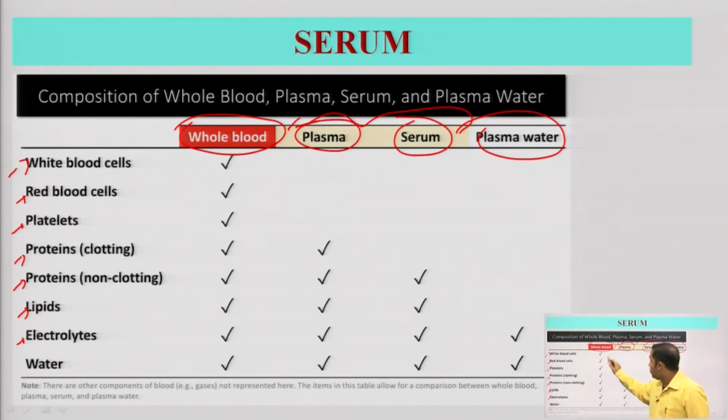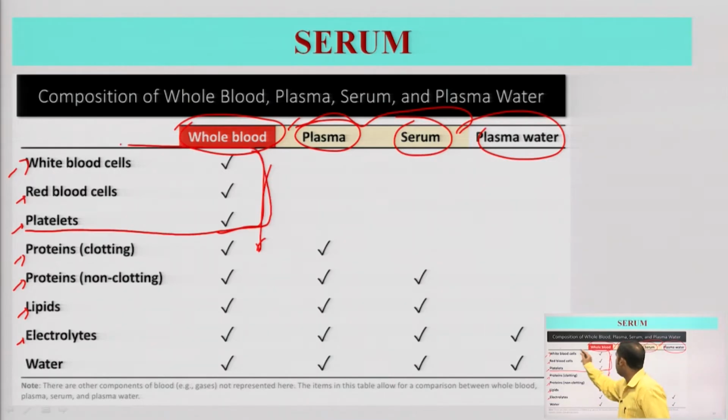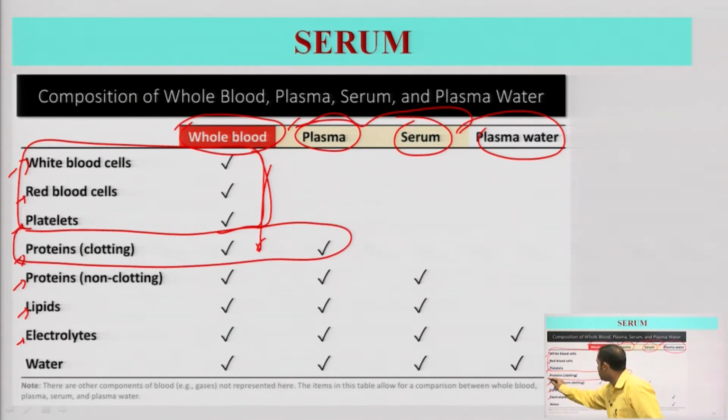So, in whole blood you will get everything: white blood cells, red blood cells, platelets, various kinds of protein, lipid, electrolytes. But in plasma you will not get these things, and in serum the clotting factor is removed. So, our main area of focus in serum relies on these things.